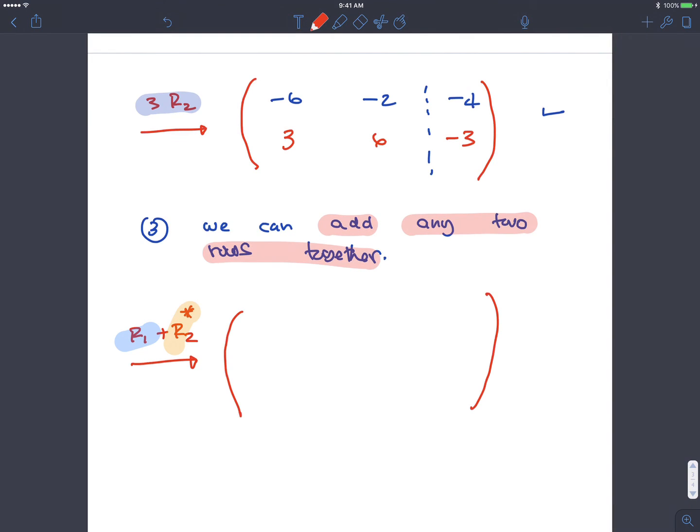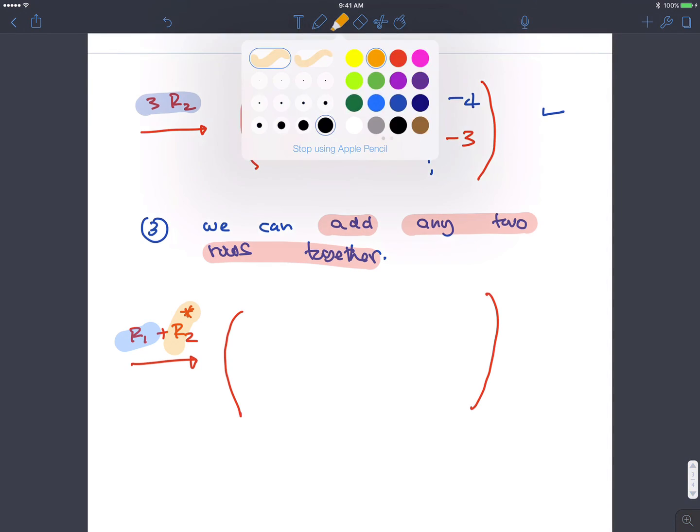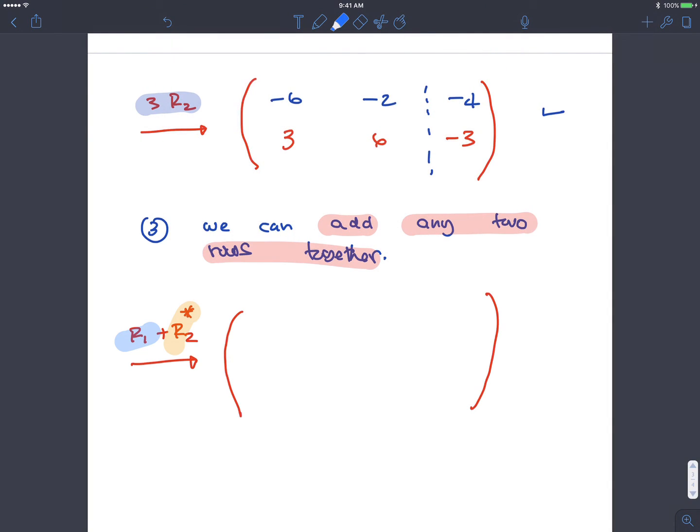Let's go back and add our entries. So I'm going to take, again, let's change color, -6 plus 3. And -6 plus 3 is going to give me -3. Where do I place the answer? Row 2. Next entry, +6 plus a -2, or a -2 plus a +6.